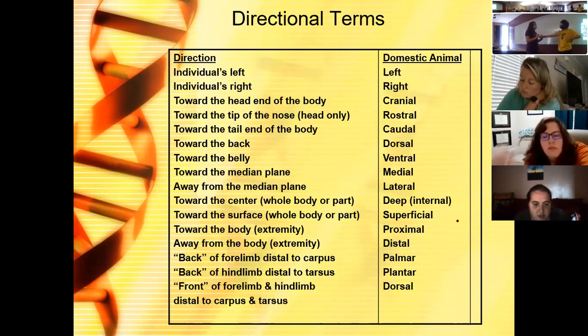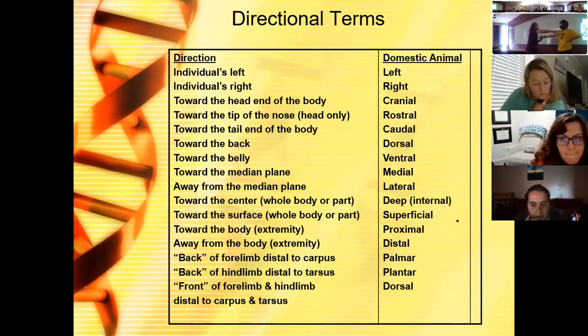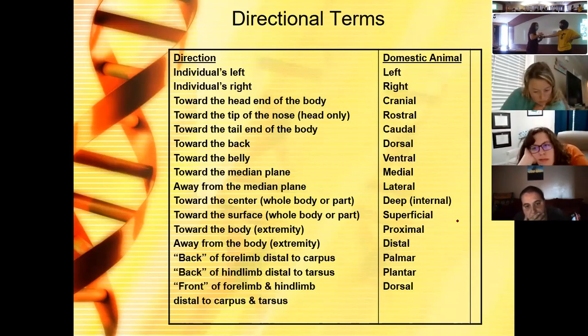Good. Yes. Now, if I'm moving from your shoulder to your wrist, digital or distal. But digital is a great way to remember because your digits. If I am moving towards your digits, it's distal. If I am moving away from your digits, it is proximal.